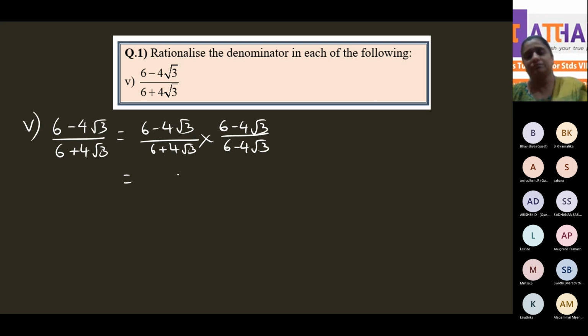Correct? Yeah. What is 6 minus 4 root 3 into 6 minus 4 root 3? How do you write that? What's a minus b into a minus b? Class?